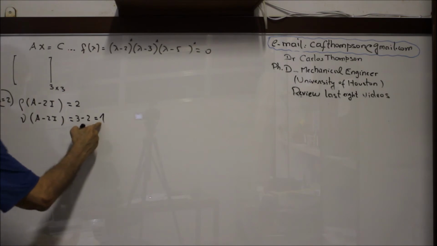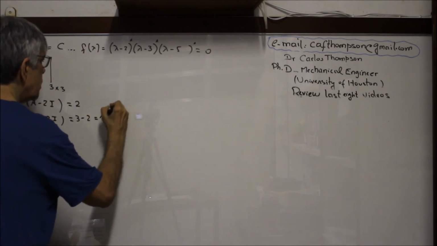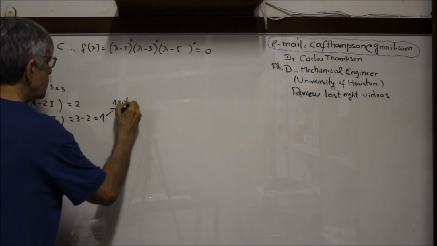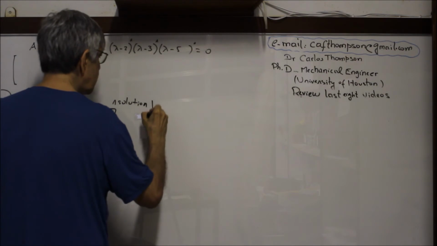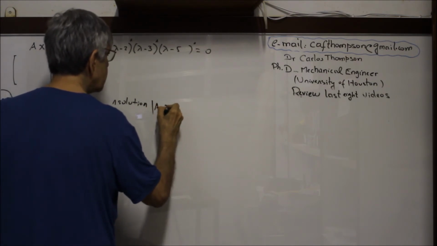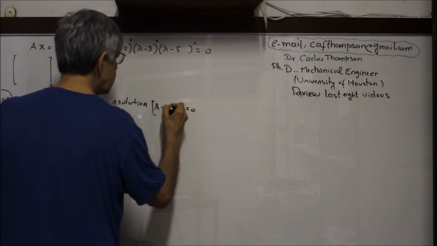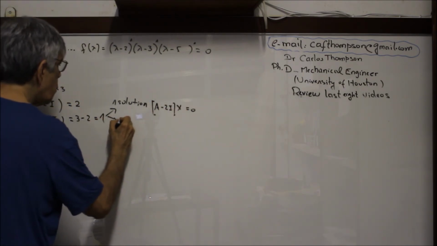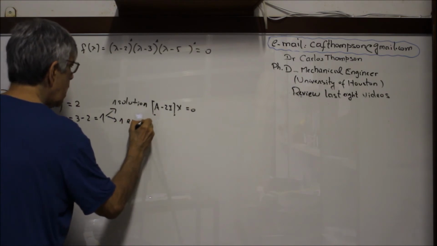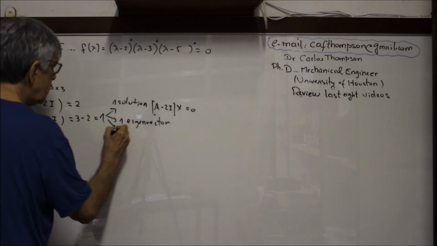What does that mean? Look, one solution. Solution of what? Of this equation here, A minus 2I, x equals 0. That's one solution. Also, we have one eigenvector and one block.